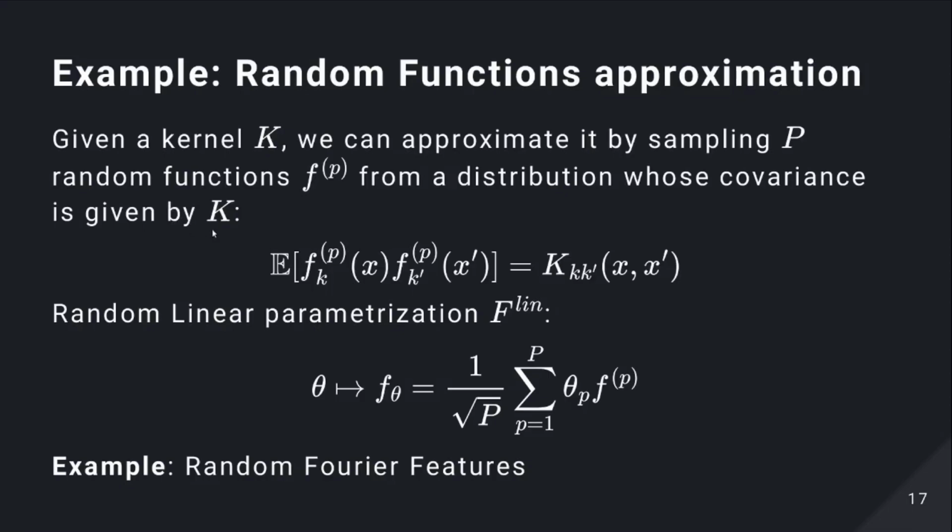So here, let's assume we can sample from some Gaussian process that has this particular k as covariance, and we can define this random linear parameterization by simply taking arbitrary linear combinations of my f_p. If you want an example of this, random Fourier features are actually an example of this kind of random function parameterization, and it does also relate to Gaussian processes.